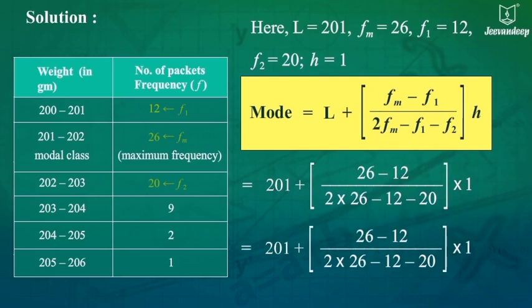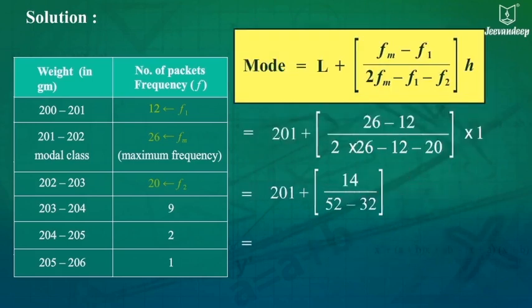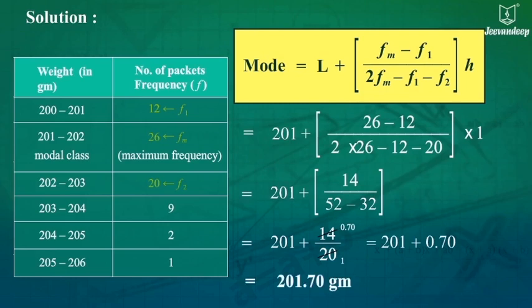That gives 201 plus 14 upon (52 minus 32), equals 201 plus 14 upon 20, equals 201 plus 0.70, equals 201.70 grams. Thus, modal weight of coffee in a packet is 201.70 grams.